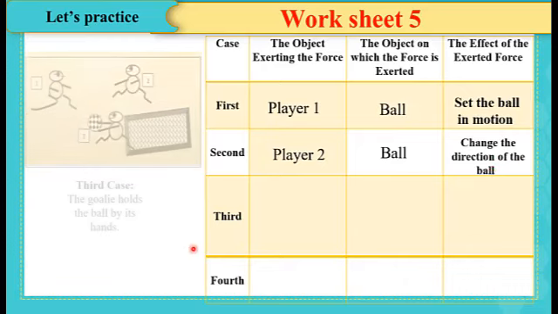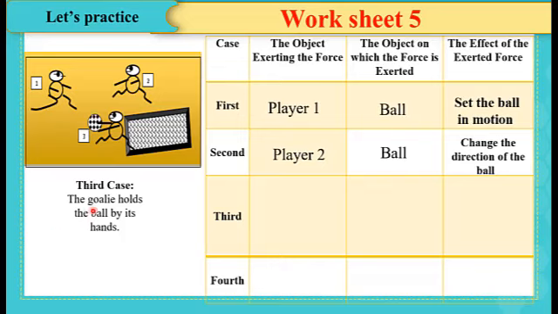Let's continue. Third case, the goalie holds the ball by its hand. Indicate the object exerting the force or doing the action. It's the goalie. Indicate the object on which the force is exerted. The goalie holds the ball.